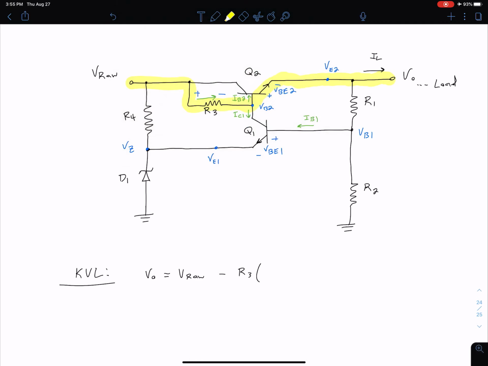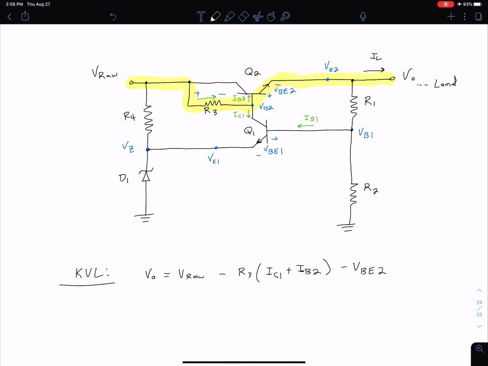This is R3 times IC1 plus IB2. Then we subtract the VBE2, and then we're at our V out. That would be the relationship between those two voltages.